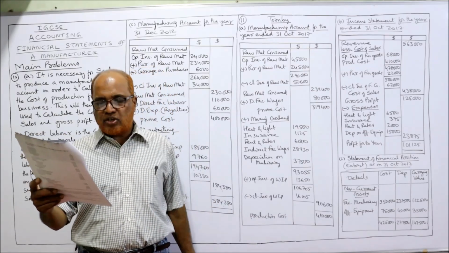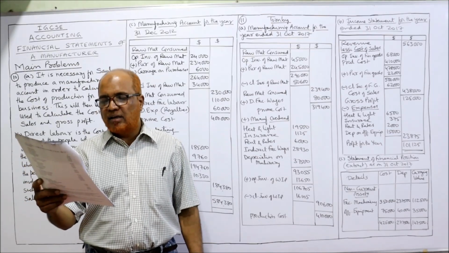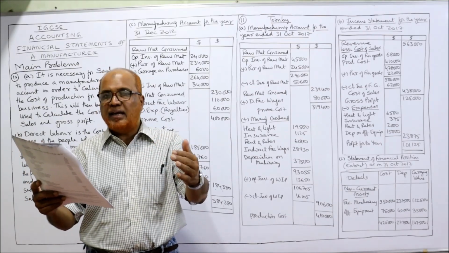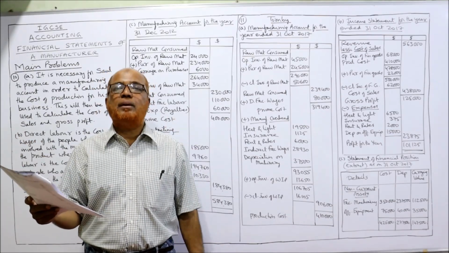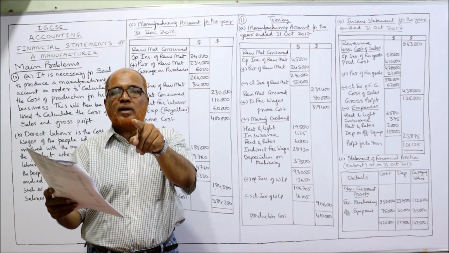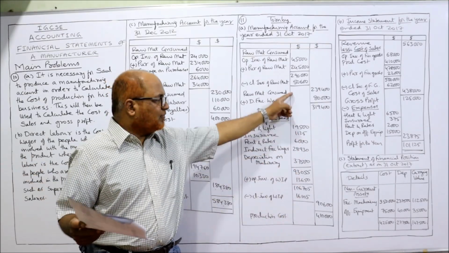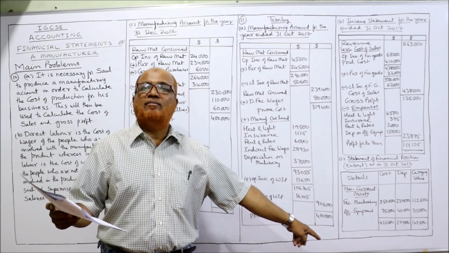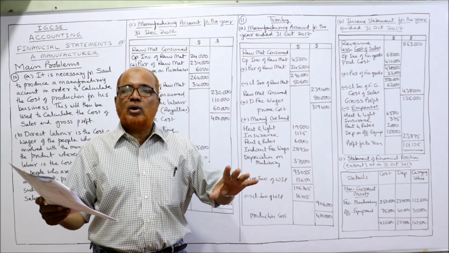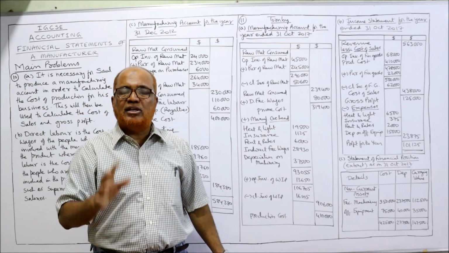Now, additional information. On 31st October 2017, insurance paid in advance, prepaid insurance 250. So this prepaid insurance 250 will be deducted in the working note. After completing the solution, write the working note. I always told you, whenever you are watching the video, keep a notebook, pen, calculator beside you.